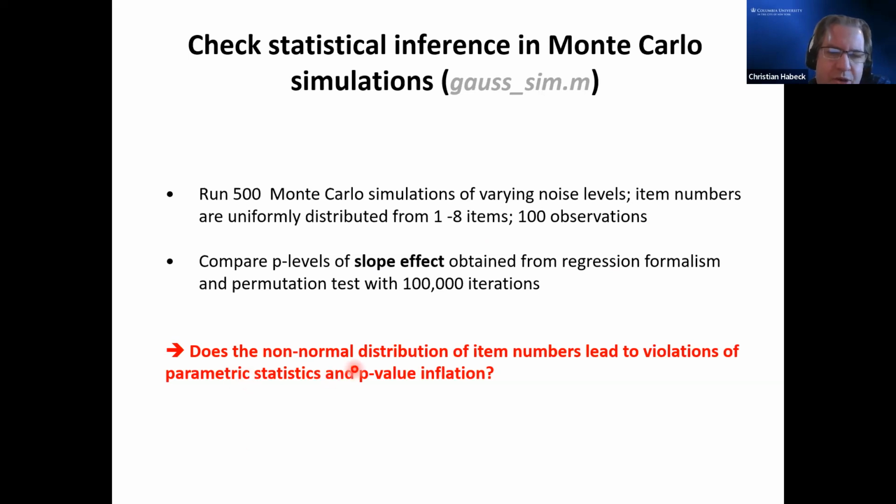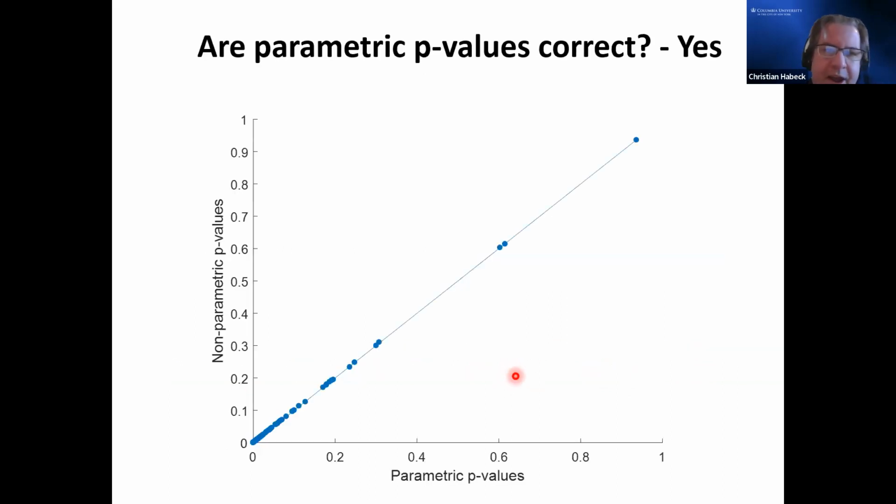You could ask, does the non-normal distribution of the item numbers lead to violations of any parametric statistics and p-value inflation? And here's the scenario, where I made the noise so big that you don't have any effect anymore in the data, and you can see this clustering here. I should have done a logarithmic transform for you to see the bottom better, but you can see there's no obvious p-value inflation, right?